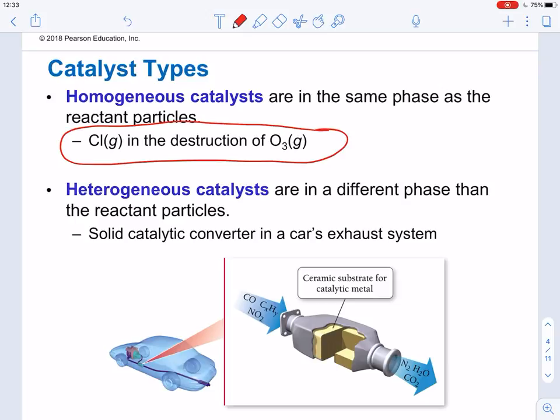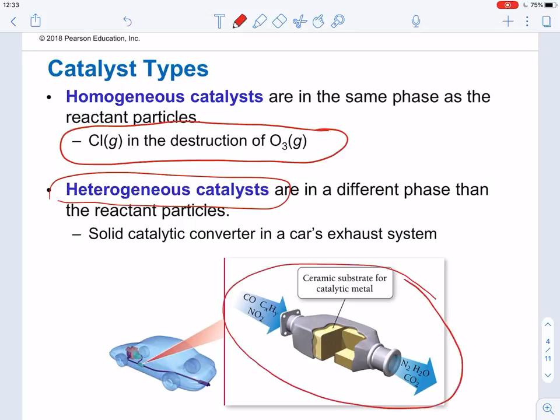Now, heterogeneous catalysis, you have different phases. Usually, the catalyst would be in the solid state, and your reactants and your products could be either in the liquid state or gas phase. And a very common example here is the catalytic converter on your car that aims to reduce contaminants in your car's exhaust.